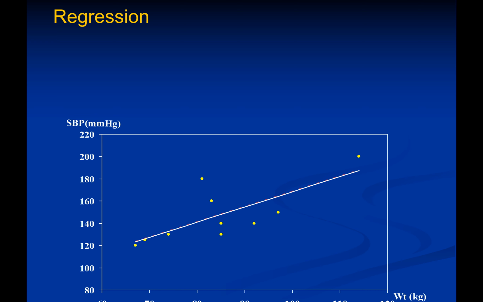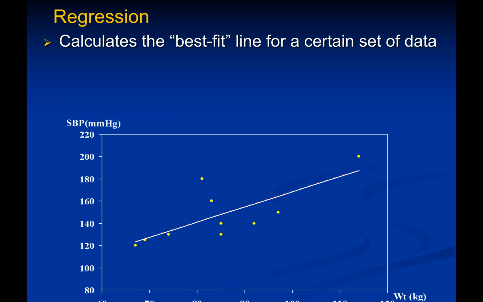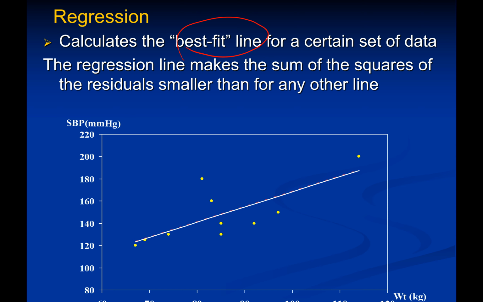So now, this is the very first example. We try to calculate the best fitting line for a certain set of data. The regression line makes the sum of the squares of the residuals smaller than for any other line. So we try to minimize the residual, meaning minimize the distance from each point to the best fitting line. Whichever line gives us the smallest distance, we call this the best fitting line.